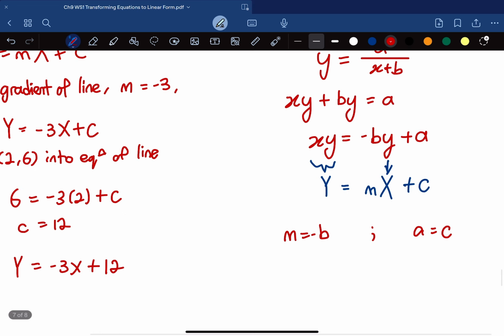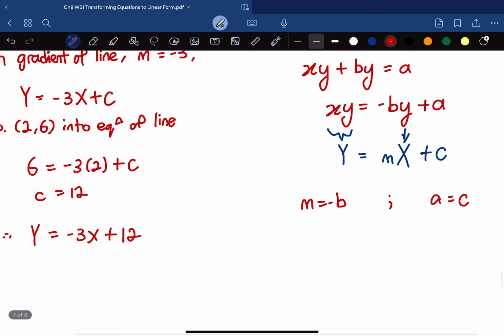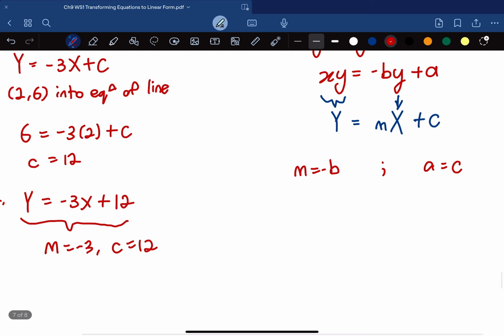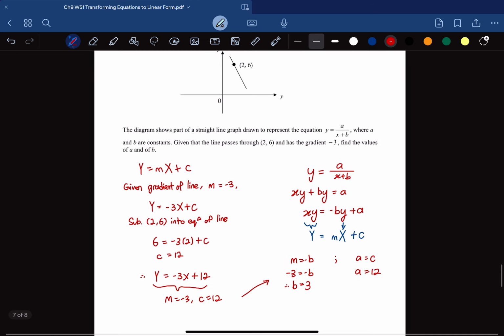Based on this comparison, my gradient m is negative 3, c is equal to 12. So this tells us that negative 3 is equal to negative b, therefore b equals to 3. And as well, a is equal to 12. And from here, we have solved this question very simply.